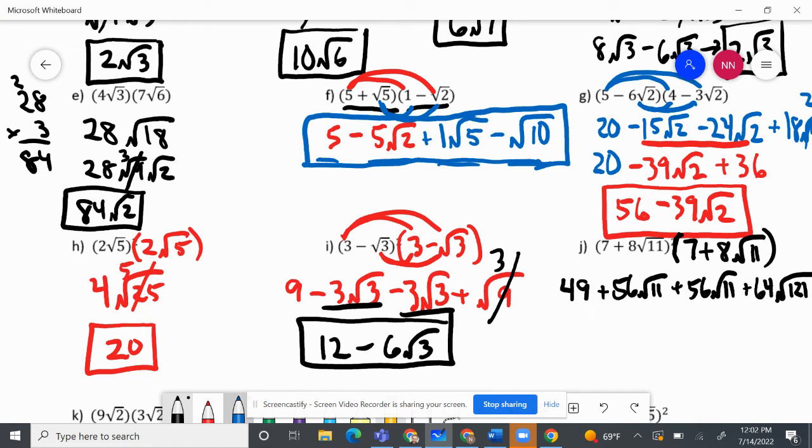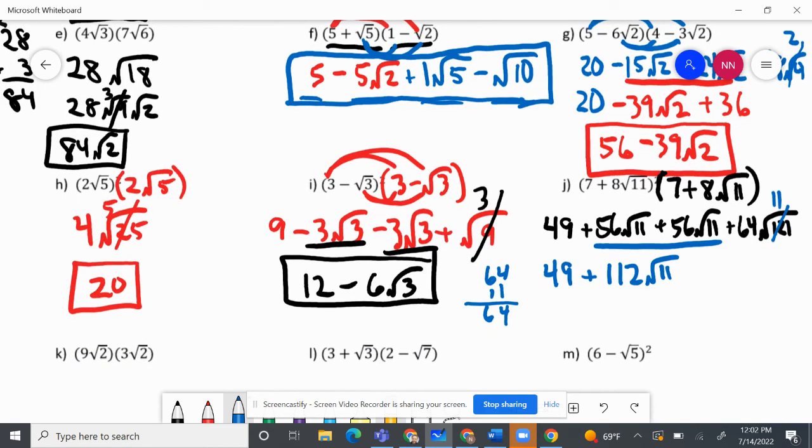Now what we're going to do is we're going to simplify it. So we know that we have 56 plus 56, which gives us 112, square root of 11. 121, the square root of that is 11. So if we multiply 64 and 11, we have 64. 1 times 4 is 4. 1 times 6 is 6. 0 for the placeholder. 1 times 4 is 4. 1 times 6 is 6.